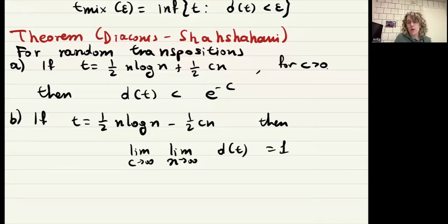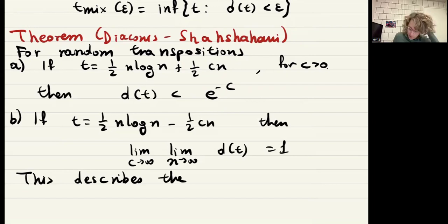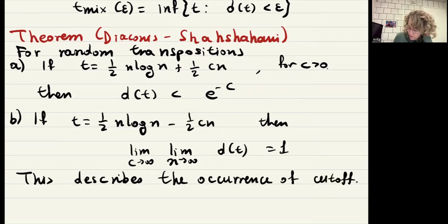So we're really not shuffled well enough. So this is what describes the occurrence of the cutoff phenomenon. I'll explain what this is in a moment.